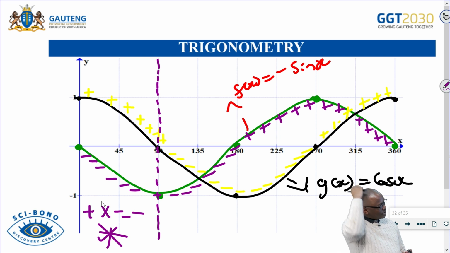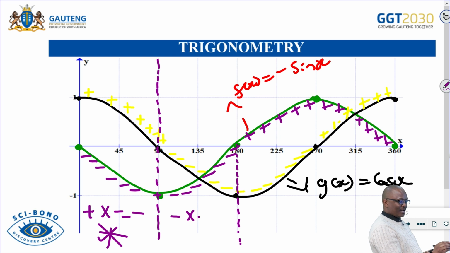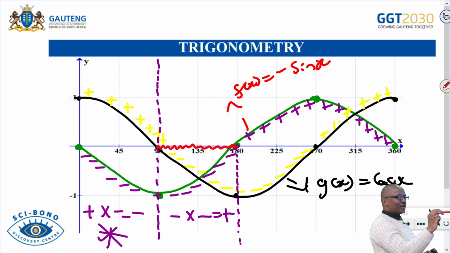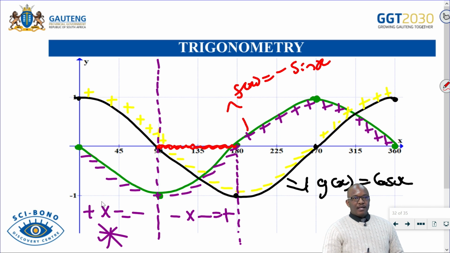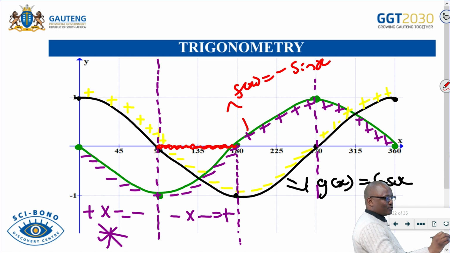Then we're going to the next interval. From 90 to 180, you have negative multiplied by negative, which is giving you positive. It means this interval is the correct interval that we are looking for. Then we go to 180 to 270.